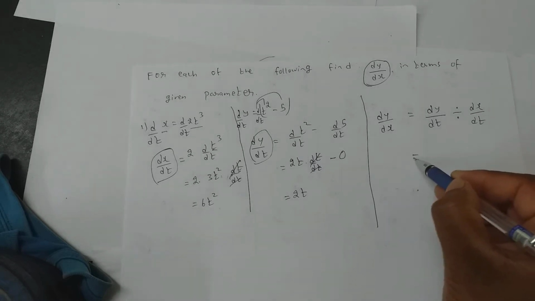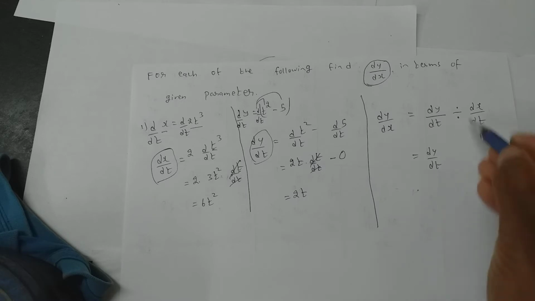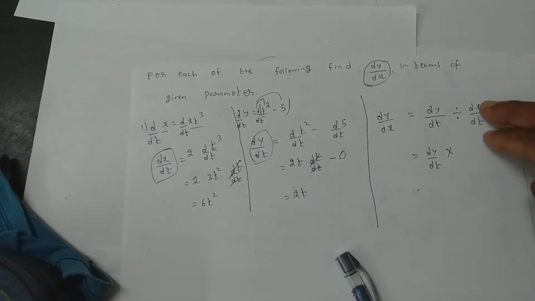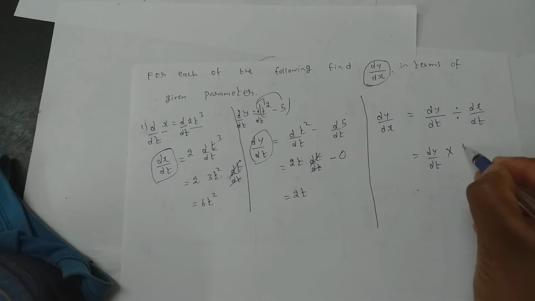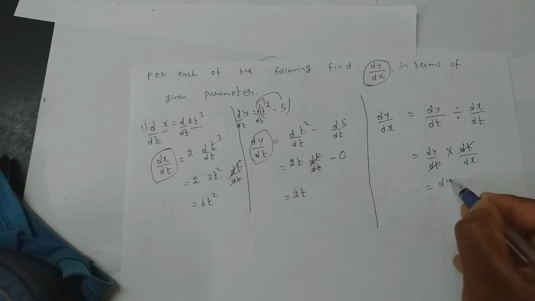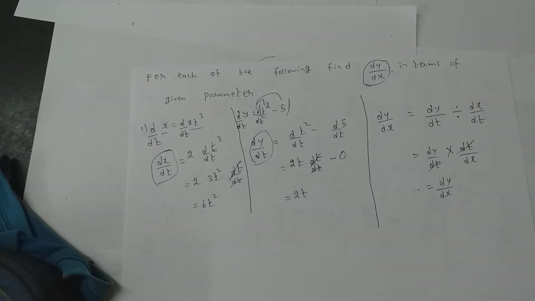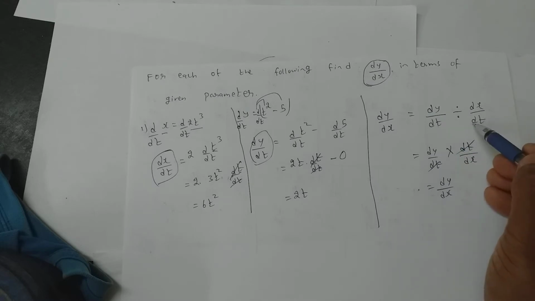Clear? How? Because for dy by dt divided by dx by dt, if I change the division to multiplication, they switch. So it is dt by dx. dt gets cancelled, dy by dx. Did you understand? I am just placing a letter between them.